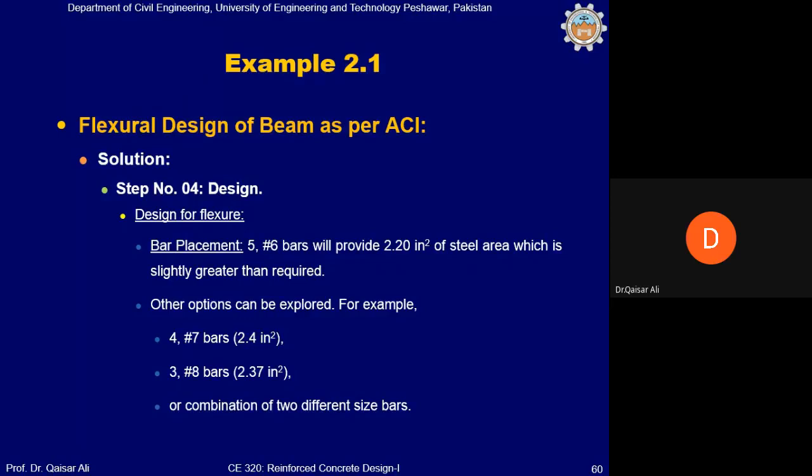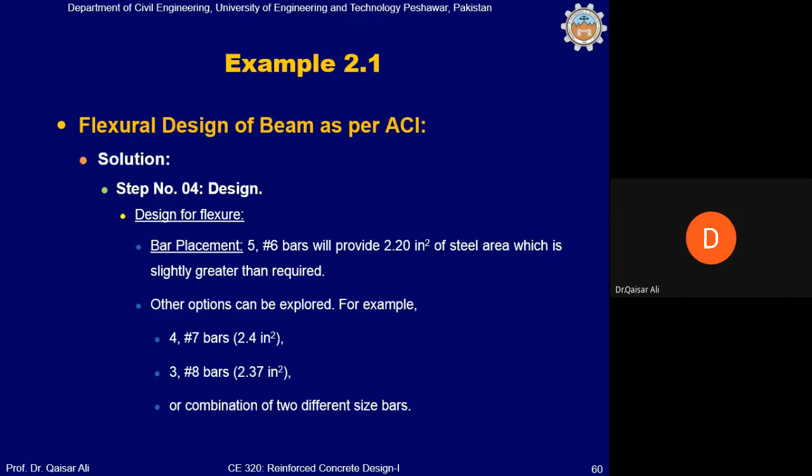First of all, the availability of these bars in the market shall be known to a designer who is working in a particular locality, because every bar diameter will not be readily available in the market. Readily available is important, because if it is ordered in the factory, they will produce it, but then it will be project specific.